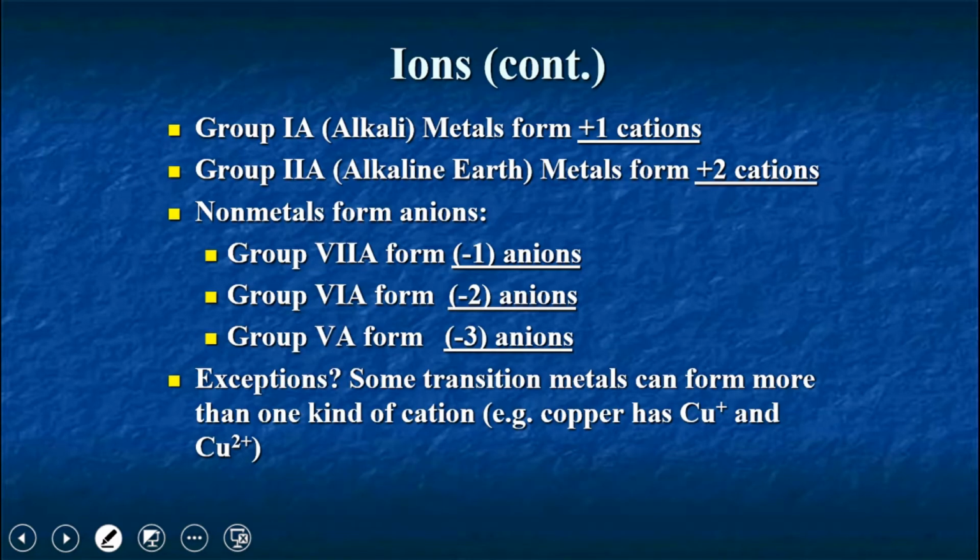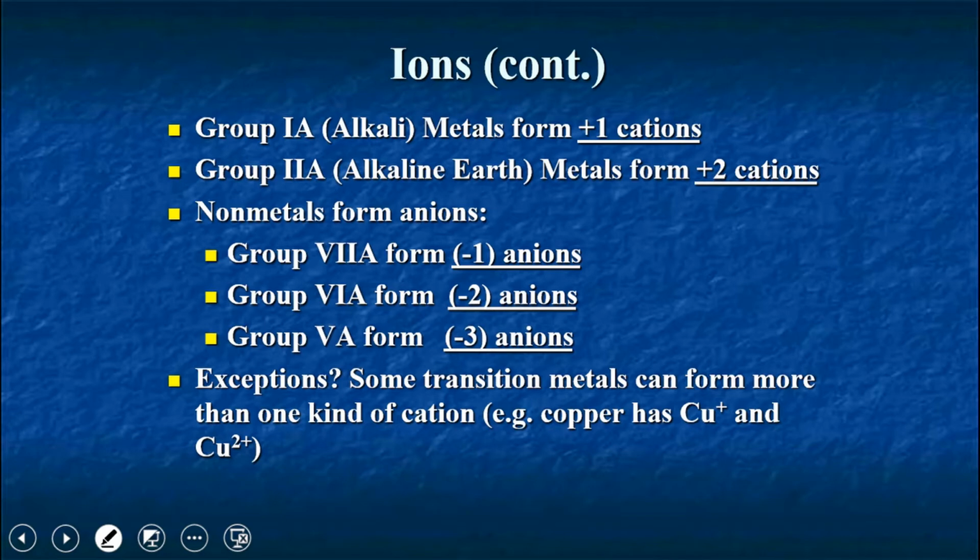Group 2A elements, the alkaline earth metals, would form +2 cations. Now, with the nonmetals on the right side of the table, you can see where group 7A, the halogens, would form -1 anions. Group 6A, that's the group that has oxygen and sulfur in it, would form -2 anions. And group 5A, the group that has nitrogen and phosphorus in it, would form -3 anions.